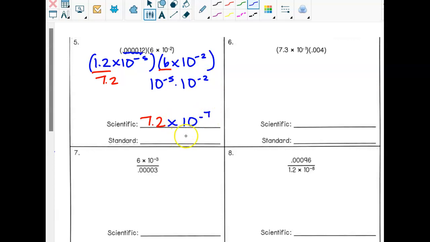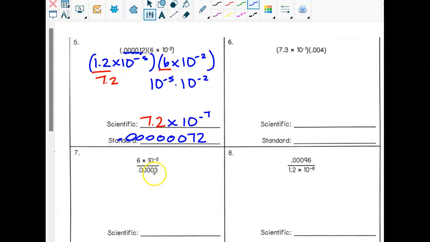If I write that one out, 7, 2, that's back 1, 2, 3, 4, 5, 6, 7. Yep. So 0.0000072.